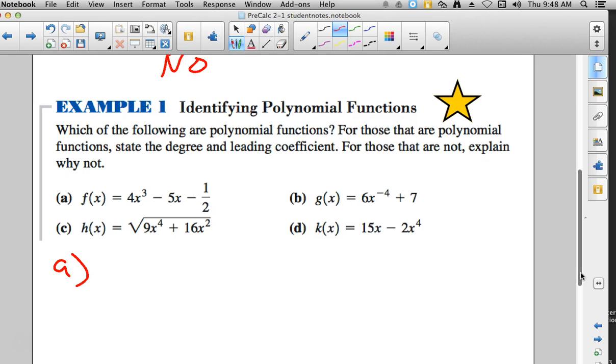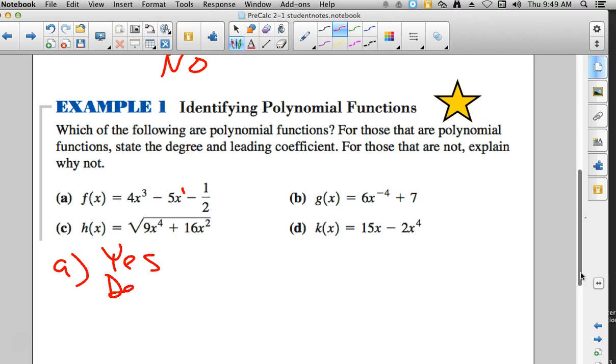How can you be so positive? Is A a function? It is. We see real numbers in all of those positions, and well, yeah, 3, 1, those are whole numbers. So this is okay. This is a yes.